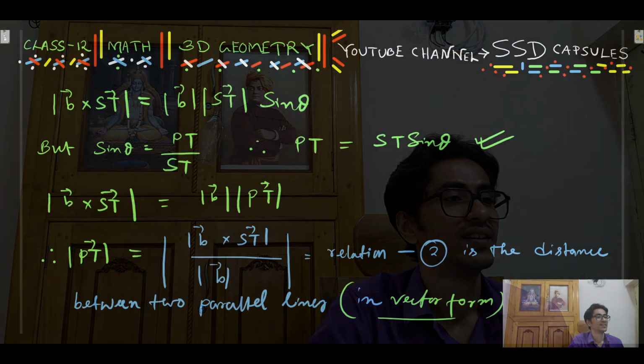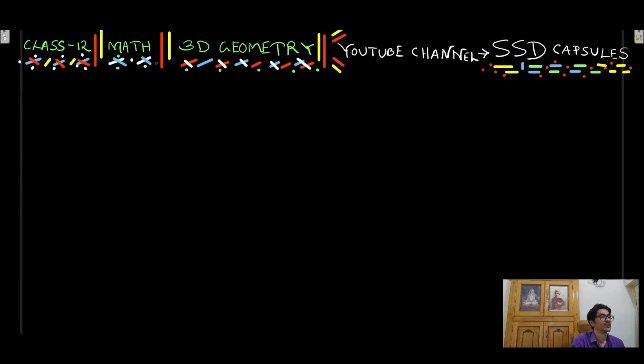Now, as always, we have to find the formula in Cartesian form also, because it will be of great advantage while solving the problems. So we have the Cartesian form.